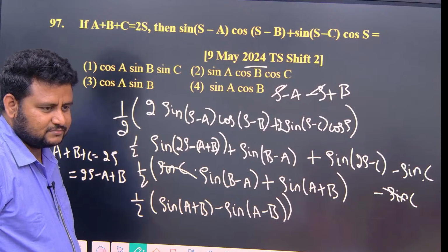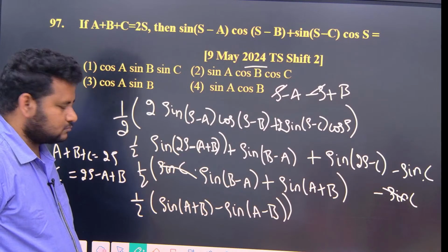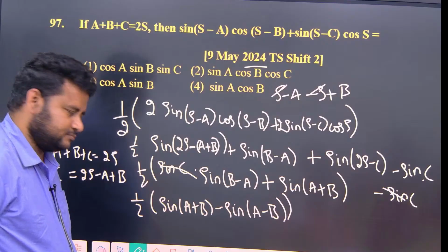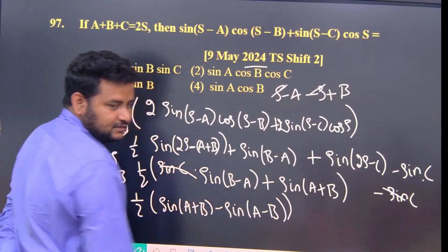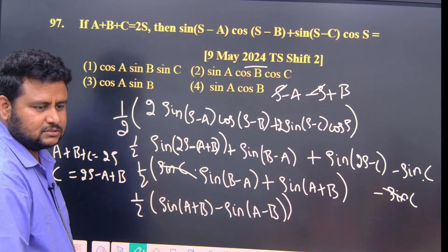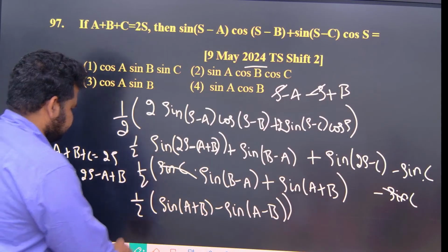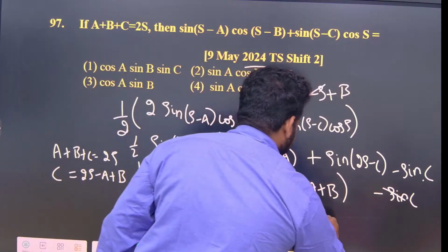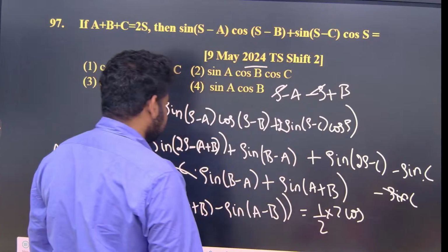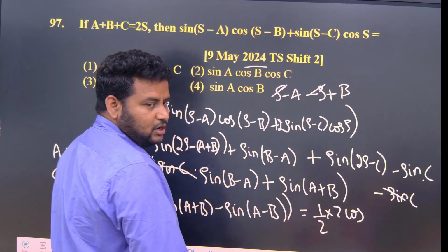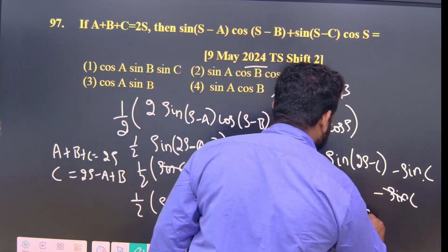2 cos. That's all. So, sin C minus sin D, this what? Sin C minus sin D is 2 cos C plus D by 2, with 1 by 2 outside. This is 2 cos of A plus B plus A minus B by 2. That is what? 2 cos 2A by 2. Correct no?